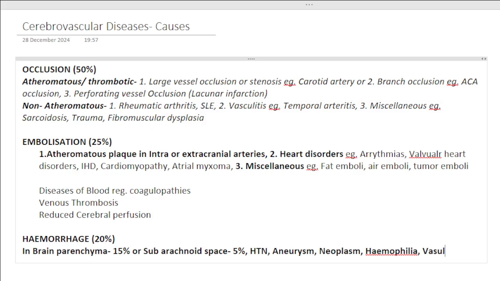Then any kind of vasculitis, all this. Then of course trauma, then drug abuse. Okay, all this could be the reason.